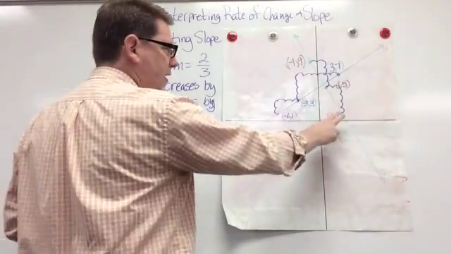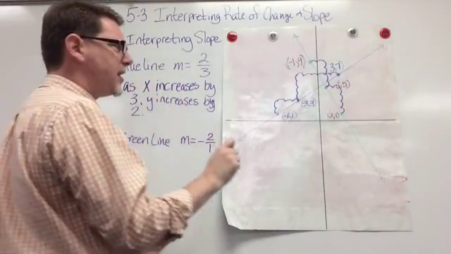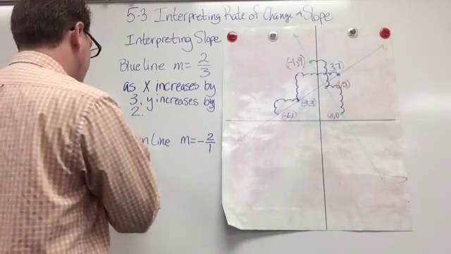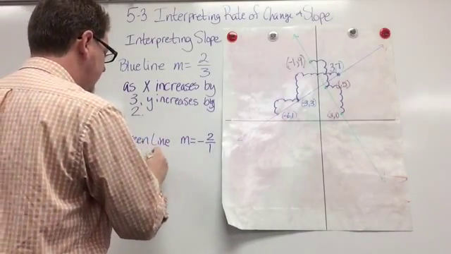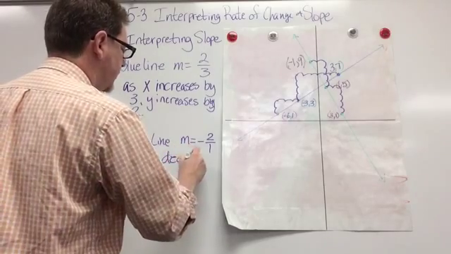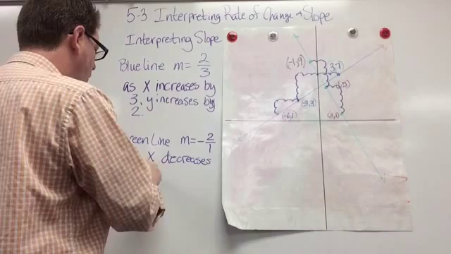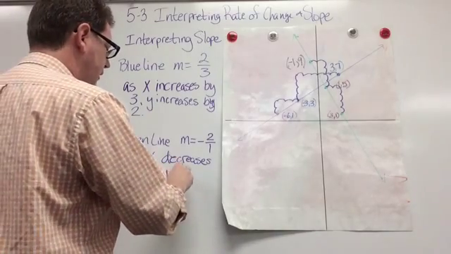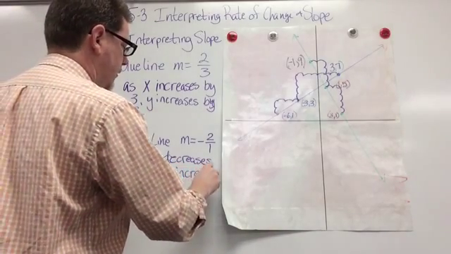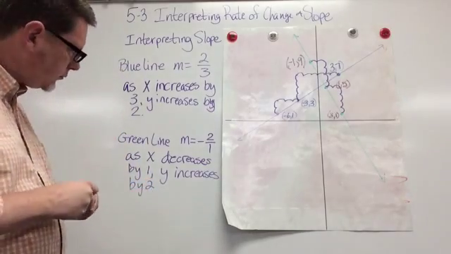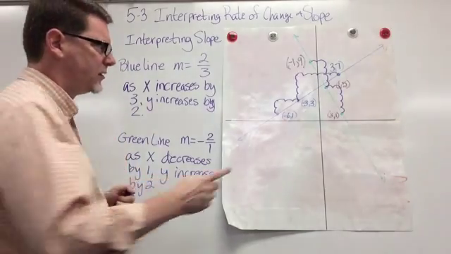So in this case, what it's saying is, and I can interpret, I always start with the x, as x decreases by 1, y increases by 2. Does that make sense?